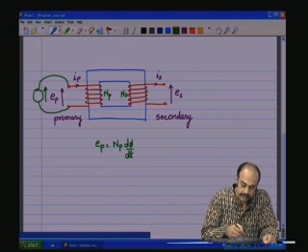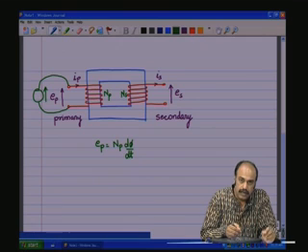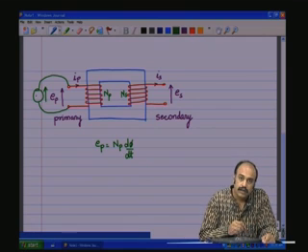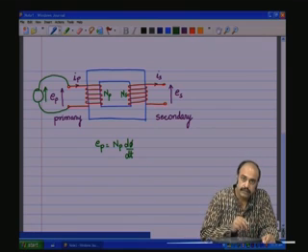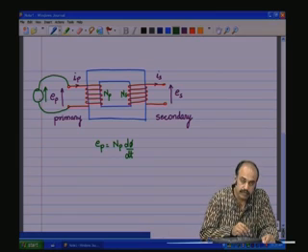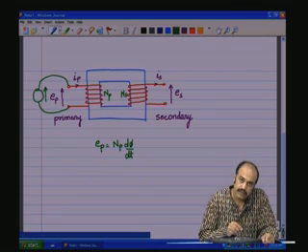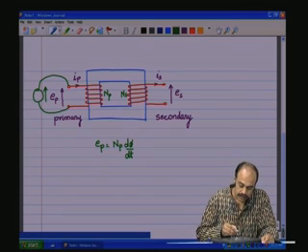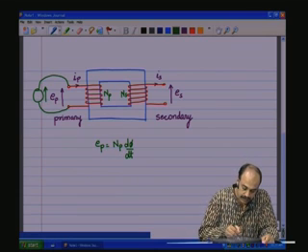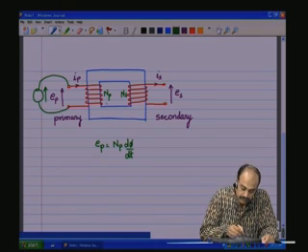and the flux inside the core is going to have a rate similar to the applied voltage. So, if the applied voltage is having a particular frequency, the frequency at which the flux is going to change will also be the same. So, this d phi by dt is the rate of change of flux within the core.